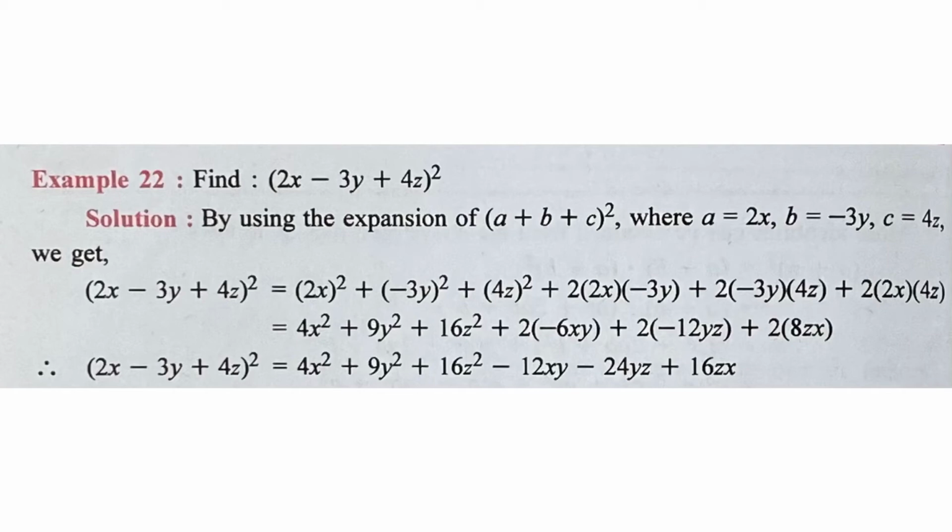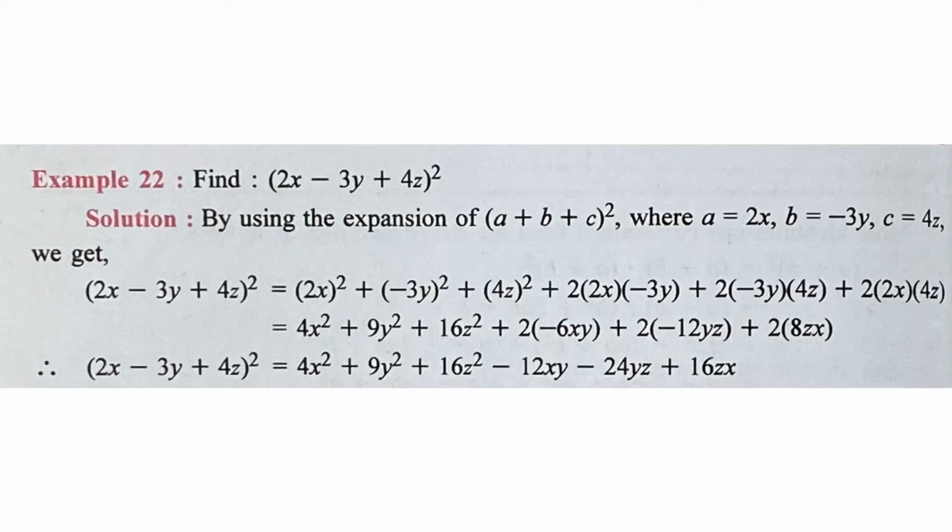Next, (4z) whole square is 16z square. 2 into 2x into minus 3y will be minus 12xy. 2 into minus 3y into 4z will be minus 24yz, and 2 into 2x into 4z will be 16zx. So our answer is 4x square plus 9y square plus 16z square minus 12xy minus 24yz plus 16zx.